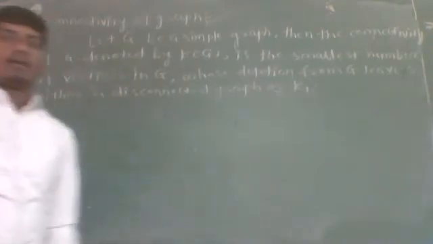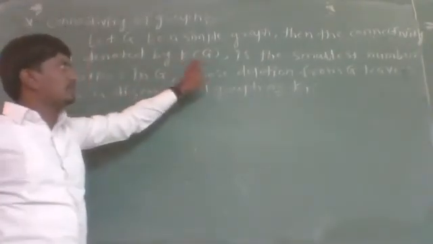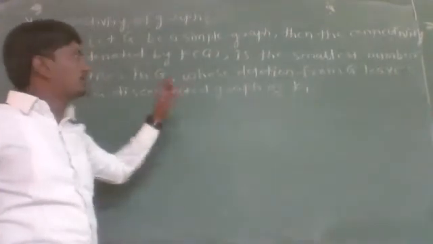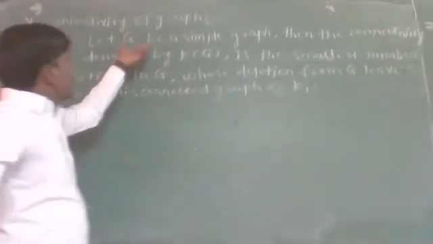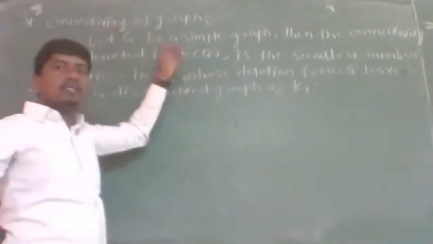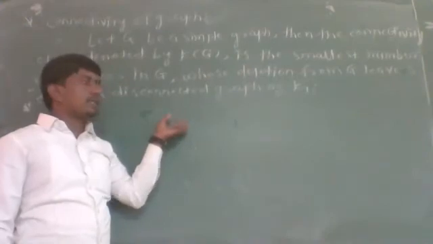What is the connectivity of a graph? If G is a simple graph, then the connectivity of G is denoted by K of G, and it is the smallest number of vertices in G whose deletion from G leaves a disconnected graph or K1. We have to study the connectivity of a graph since there are some examples of graphs in which no vertex is a cut vertex.